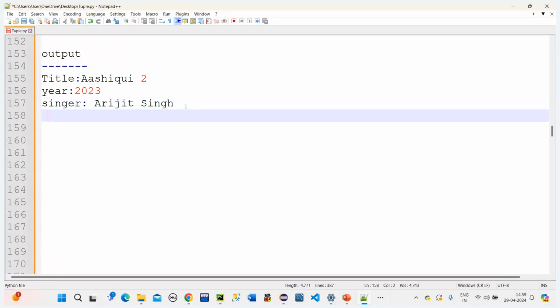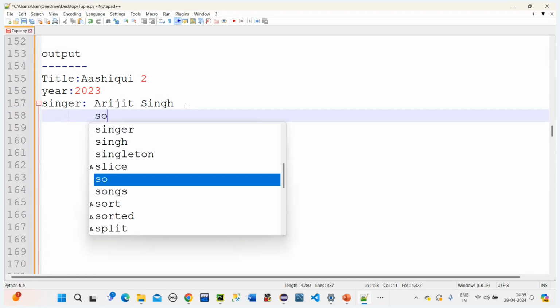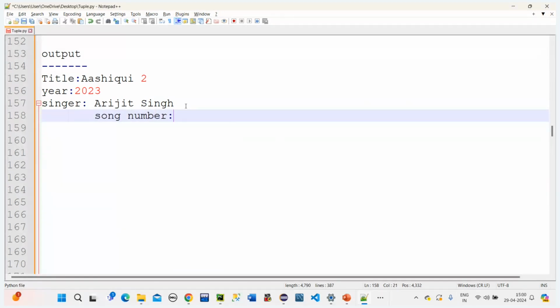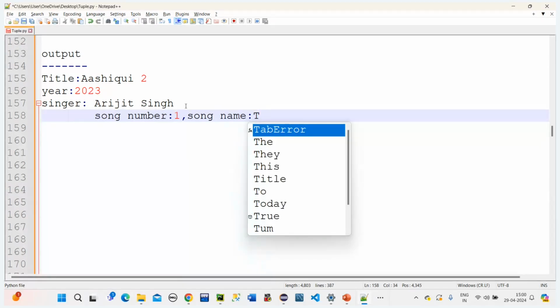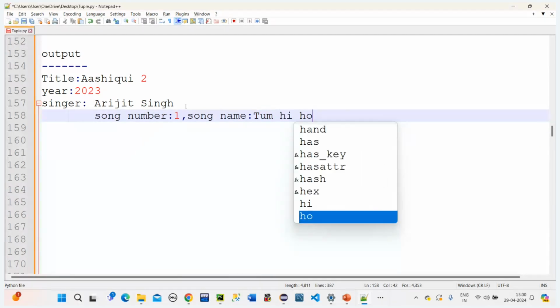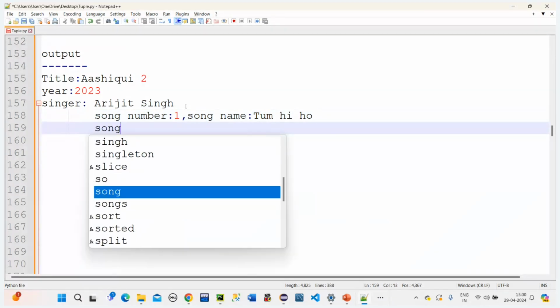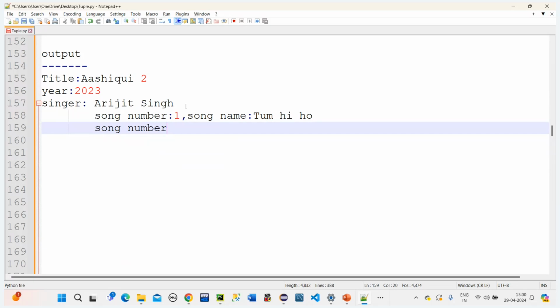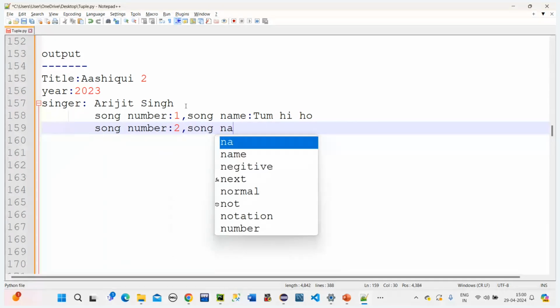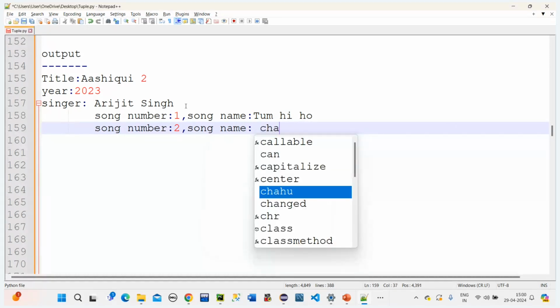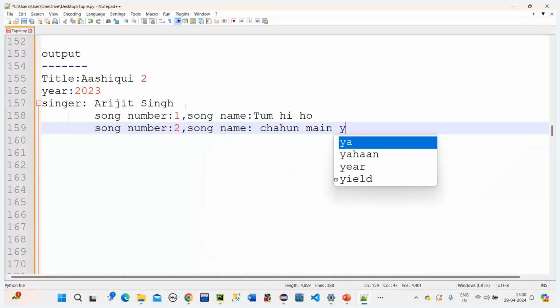Here it is song number 1, comma, song name. What is the song name? First song, Tum Hi Ho. Second one, again song number 2, song name Chahun Main Ya Na.